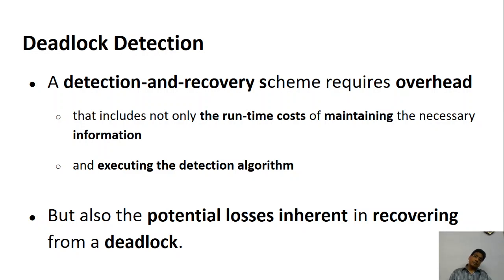Because we are not taking any precaution, every now and then you just go and verify whether any system is in deadlock or not. If not, well and good. Otherwise, go and check whether all the processes are running or whether there is a deadlock. So this extra effort is required, and some information needs to be saved to find out whether there is a deadlock or not.